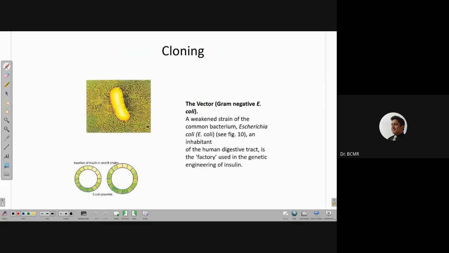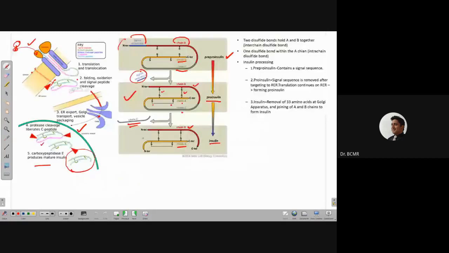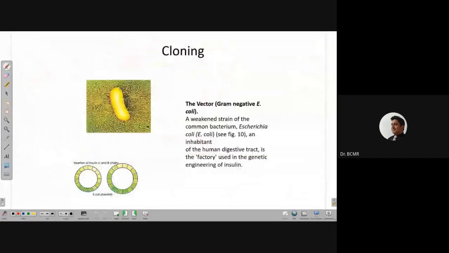So why I discuss this is, if there is a patient who is supposed to be given insulin, then we should have a source for it.